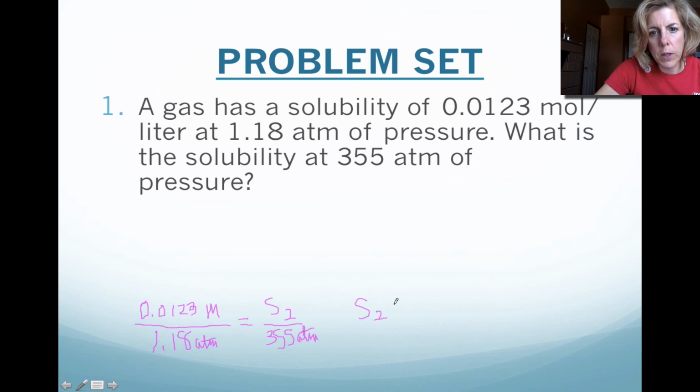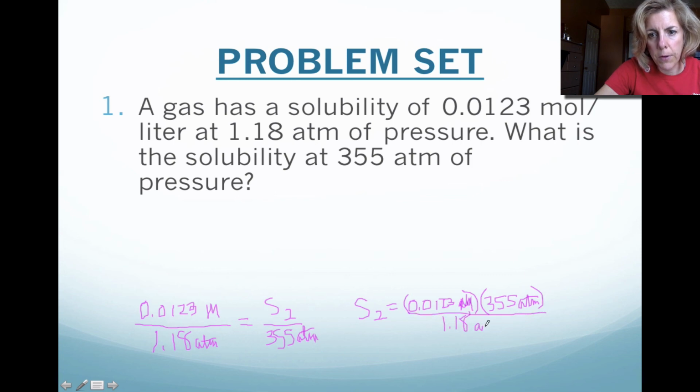S2 equals 0.0123 molarity times 355 atmospheres divided by 1.18 atmospheres.